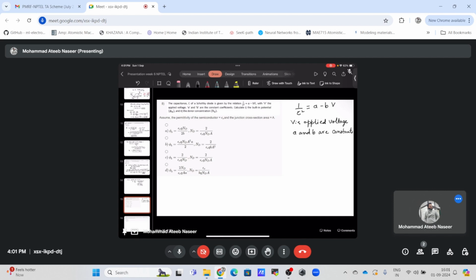We have to calculate the built-in potential and the donor concentration.